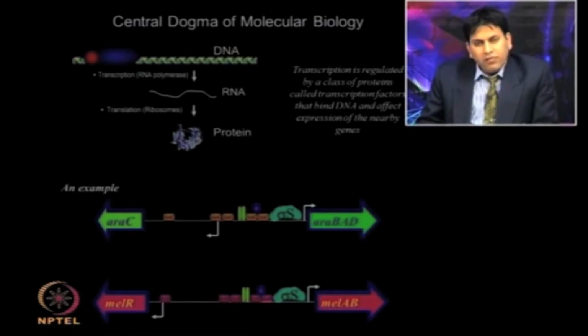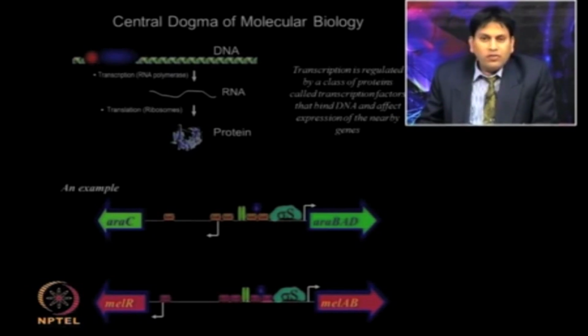Now, the transcription factor AraC not only binds to the upstream of araBAD, but it can also bind to itself and control the expression, as you can see from the small orange boxes which are shown as a representation for the binding sites. What this suggests is a transcription factor can auto-regulate, bind and regulate its own expression, or it can also bind to other genes controlling their expression.